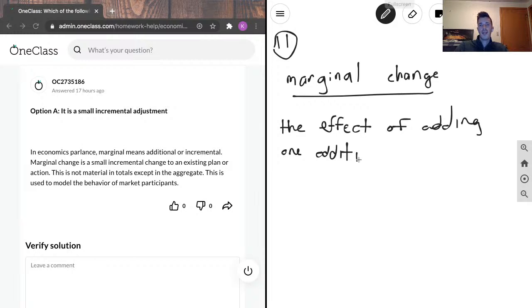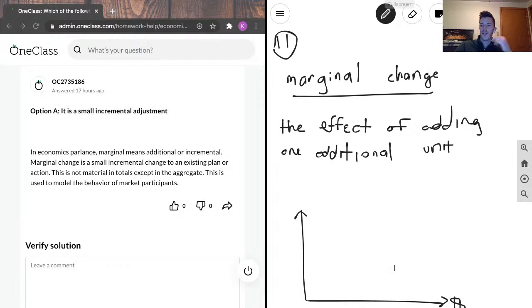So a pretty common example of this is, we'll say, happiness and money. Economists loosely refer to happiness or satisfaction as utility.